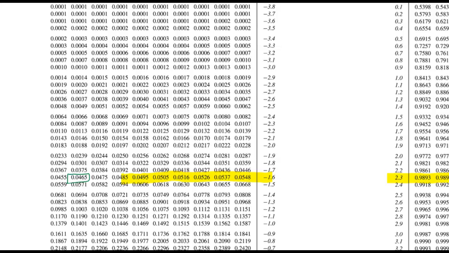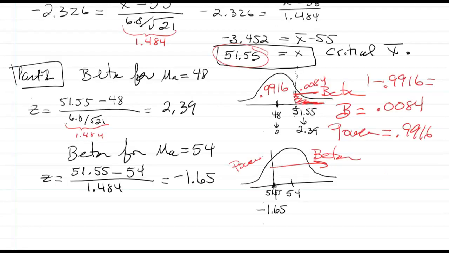Keep in mind, this is the area to the left, 0.0495. To get beta, we have to do 1 minus that, and that's going to be 0.9505. So beta equals 0.9505.